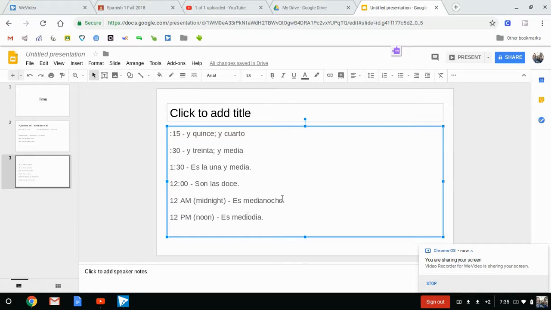That's because noche is feminine, media, día, even though it looks feminine, it's masculine, so we go with medio. So medianoche and mediodía. I believe your ebook is going to want you to use those two words. If it counts it wrong, maybe try doce. So those are some extra things.